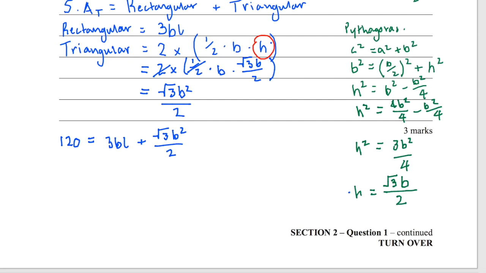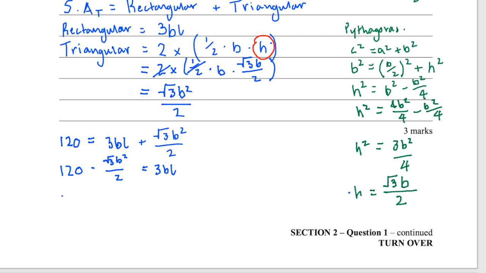Okay, now we need to rearrange this for L, because we want L on its own. If we try that, let's subtract this from both sides. So that will give us 120 minus the square root of 3b squared on 2 is equal to 3bl.